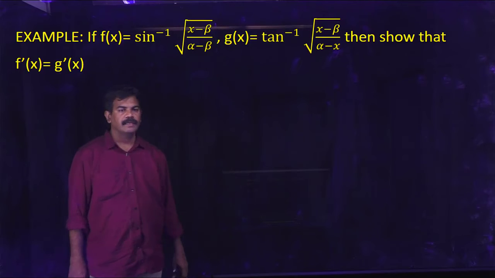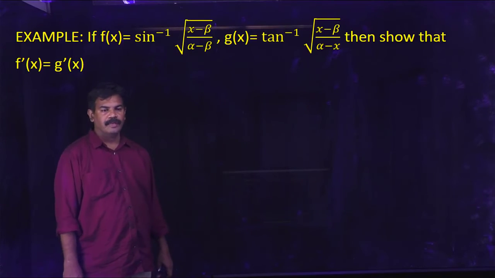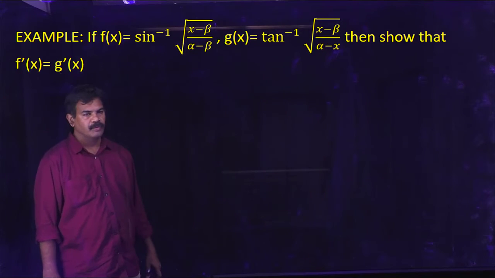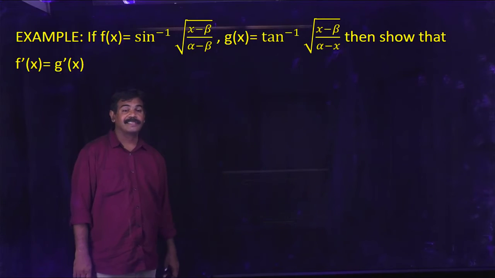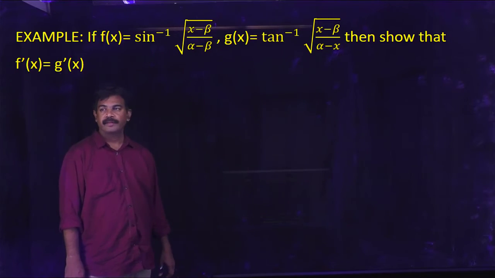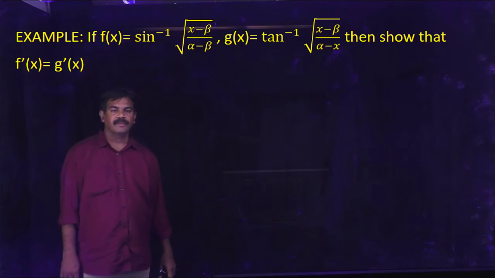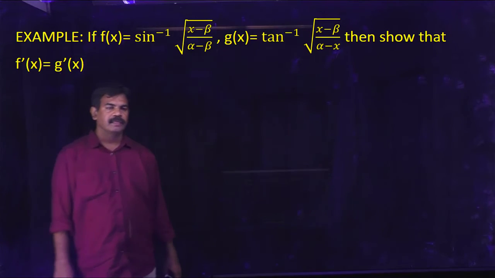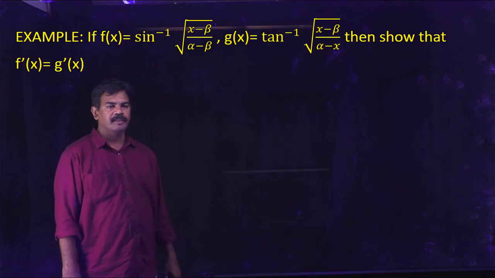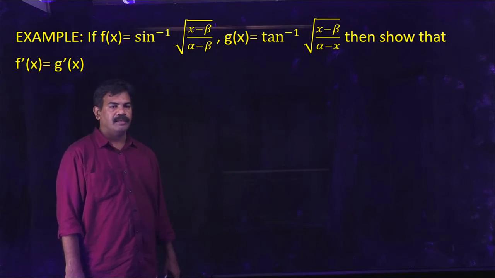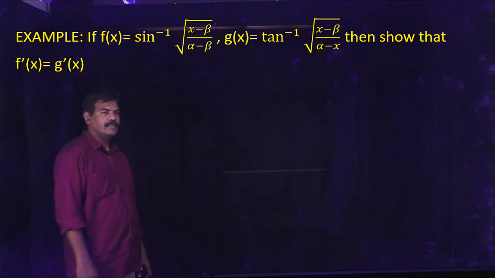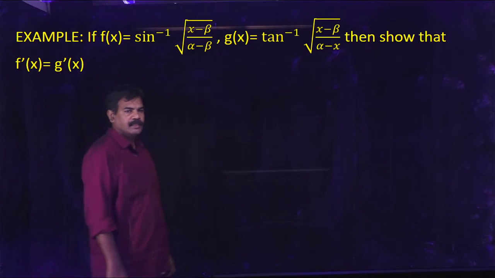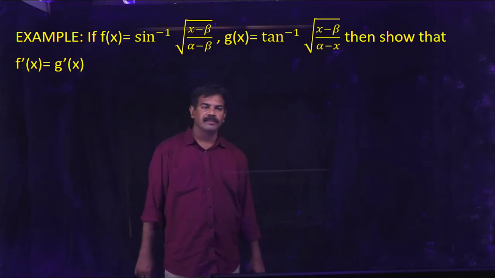Now see another, different example. Both f of x and g of x are given, but here we show that f dash x is equal to g dash x. So the given problem is: if f of x is equal to sin inverse of root of x minus beta by alpha minus beta, and g of x is equal to tan inverse of root of x minus beta by alpha minus x, then show that f dash x is equal to g dash x.